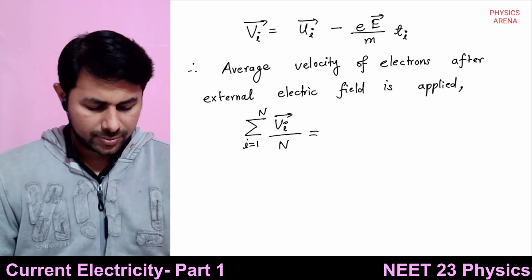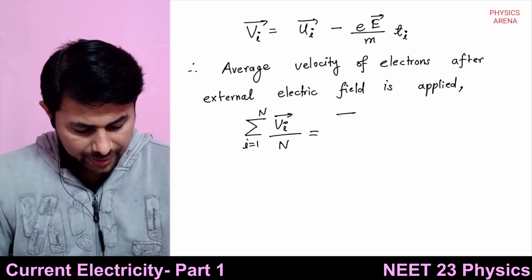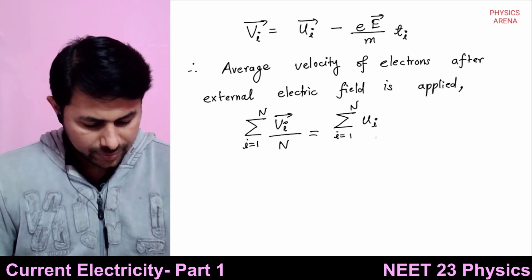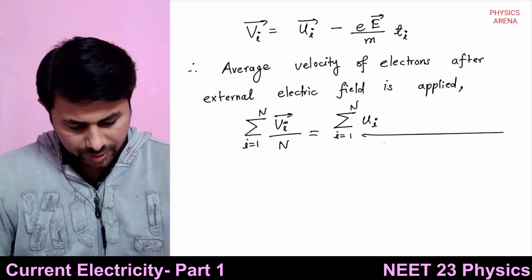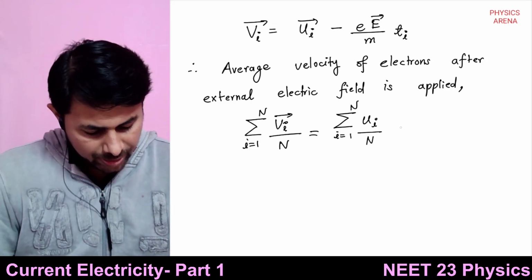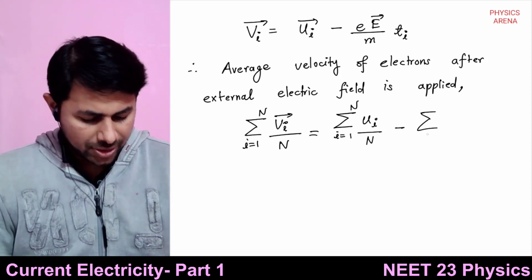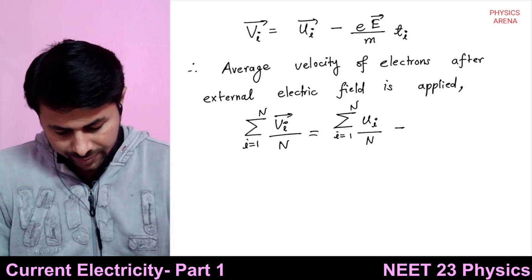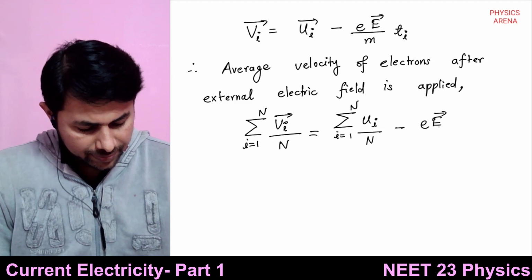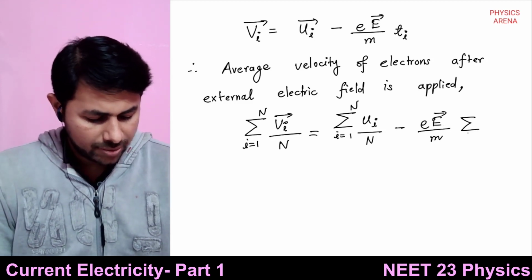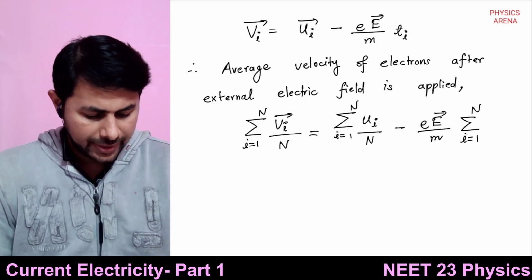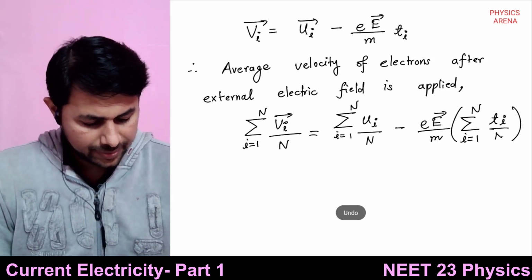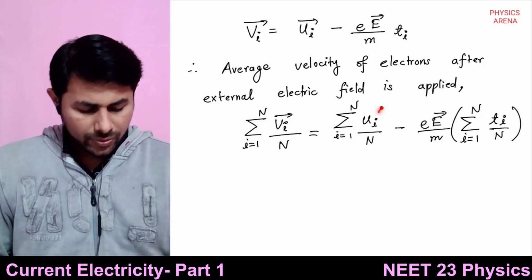So on the right hand side also we'll do the same thing: summation of ui, where i goes from 1 to n, divided by n. Or let me do it separately. So minus, this e times E bar upon m I can take out, because it's a constant. So I have summation of i goes from 1 to n of ti divided by n.